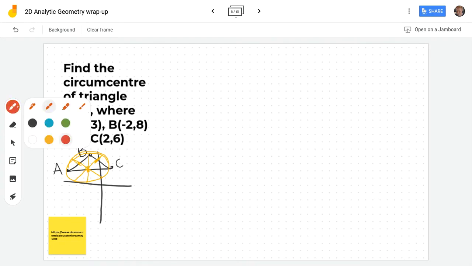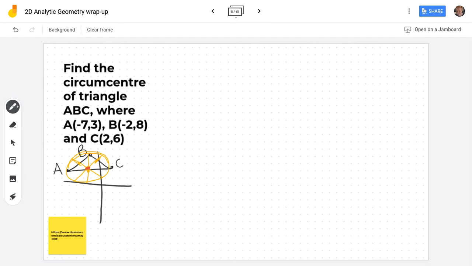Somewhere around here, you're going to have the circumcenter. My sketch is really terrible, so I don't know whether it's inside the triangle. It might be outside. Regardless, it will be the same distance from each of the vertices of that triangle, and it will be the center of that circle that goes through all those points.